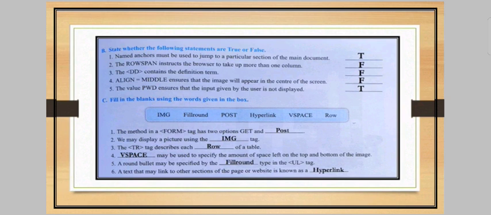Next is the tr tag describes each row of a table. Next is vspace. Vspace may be used to specify the amount of space left on the top and bottom of the images. Next is a round bullet may be specified by the fill round type in the ul tag.